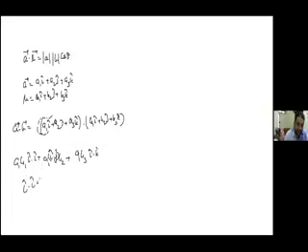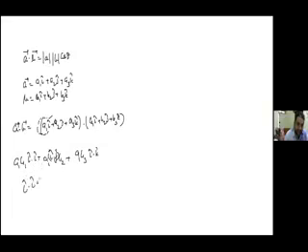See, in scalar product, this is scalar product of two vectors. It's also called dot product.